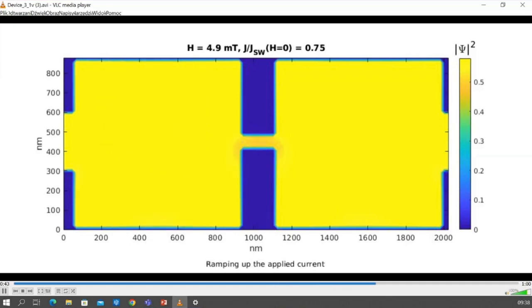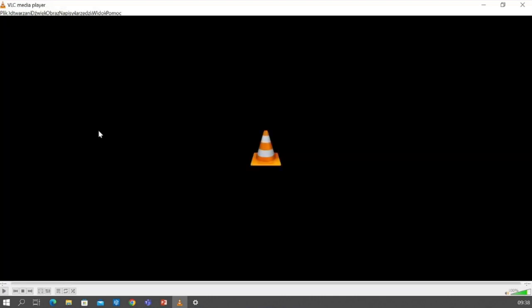This is the expulsion of the vortex which I was talking about. The current goes here, and then the vortex is pushed by the Lorentz force perpendicular to the flow of the current. Then there is some intricate process of phase slip.